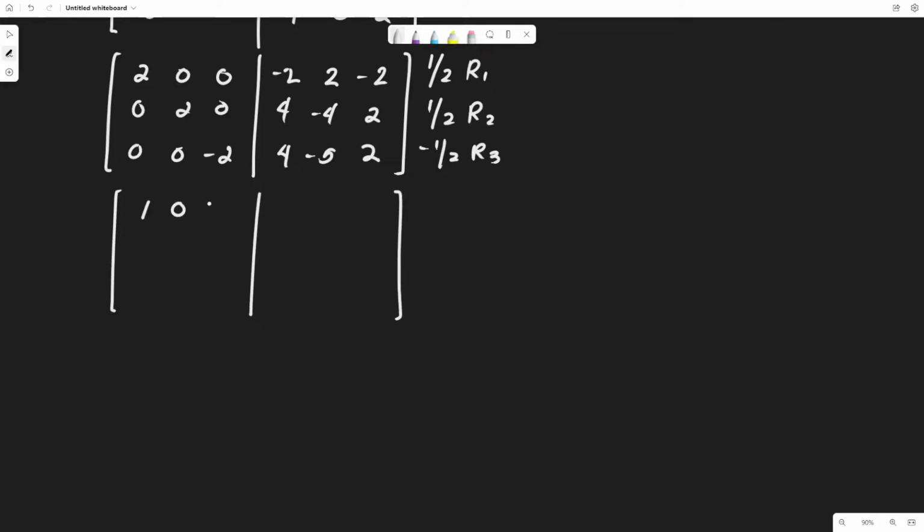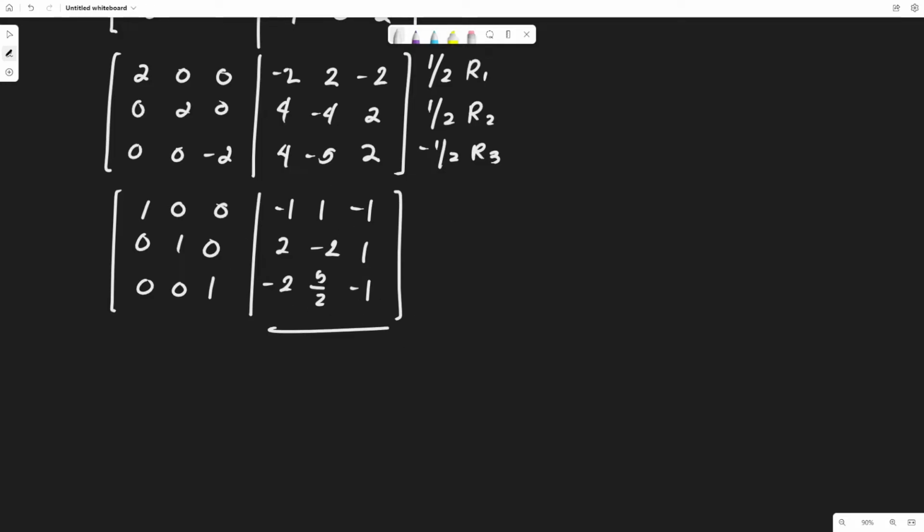So this will become an identity matrix, obviously. Then we have negative 1, positive 1, negative 1. We have here 2, negative 2, positive 1. Then we have negative 2, 5 over 2, and negative 1. So this is the answer.